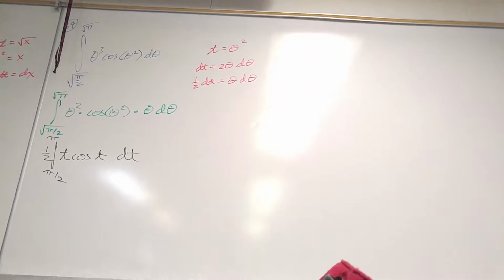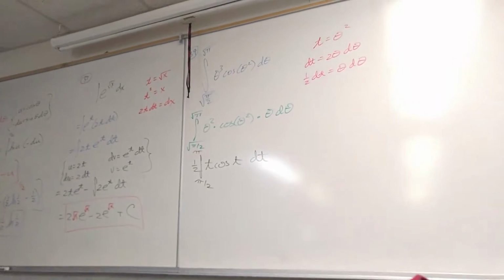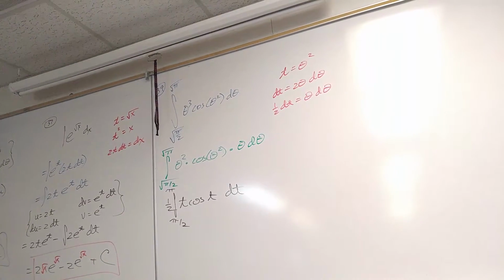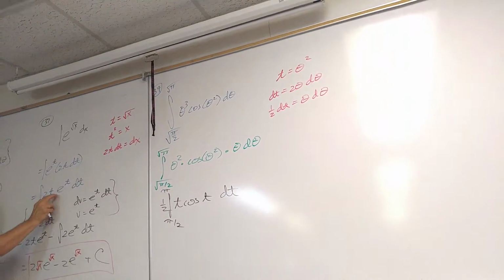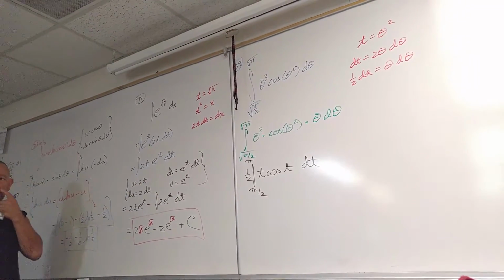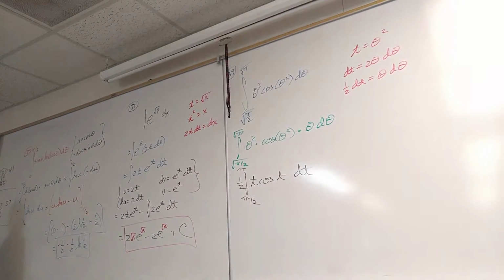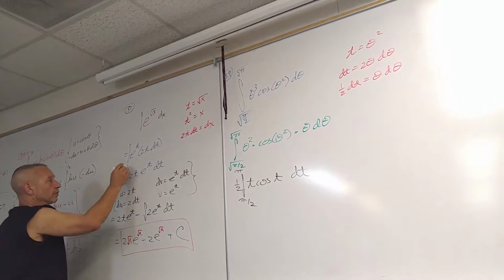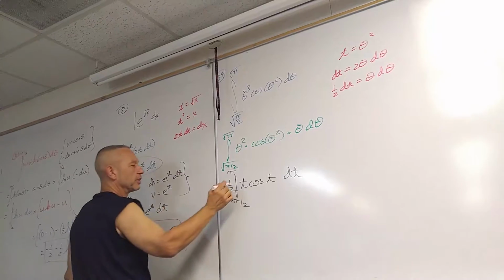And I believe we just solved that one, didn't we? Somewhere? I guess I erased it. No, here it is, right here. That is the same as that, isn't it? With one difference. What's the difference between this and this?